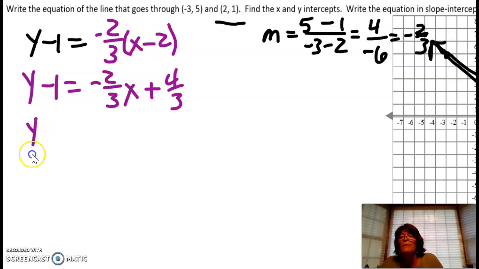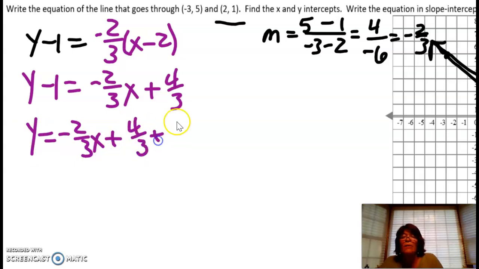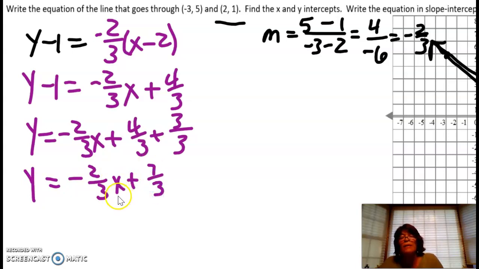I'm going to add 1. Well, adding 1, I'm going to think of 1 as 3/3. So I get y equals -2/3 x plus 7/3. Great, that's slope-intercept form, done.